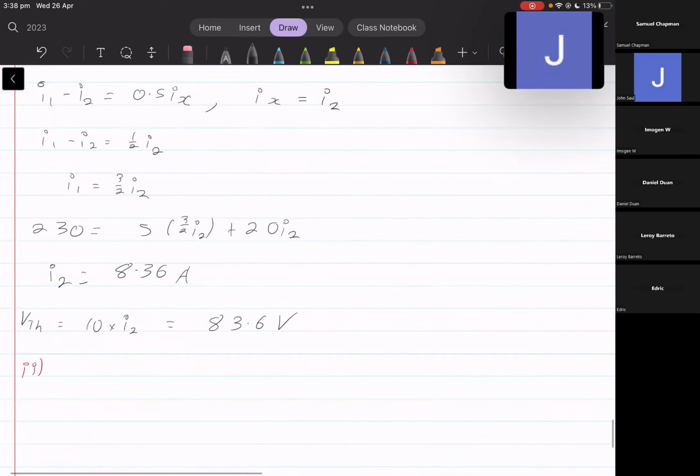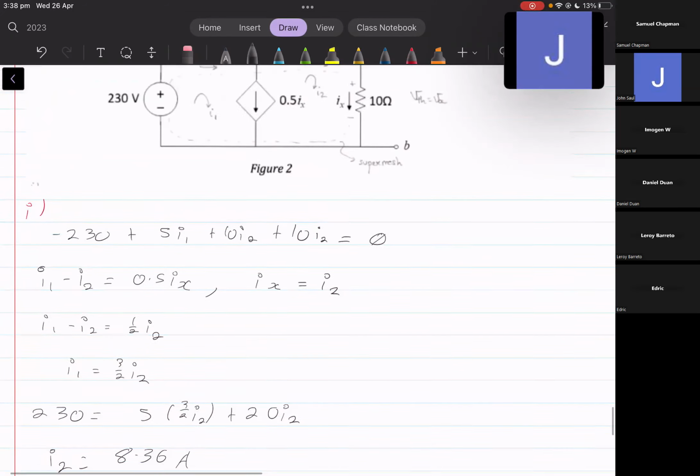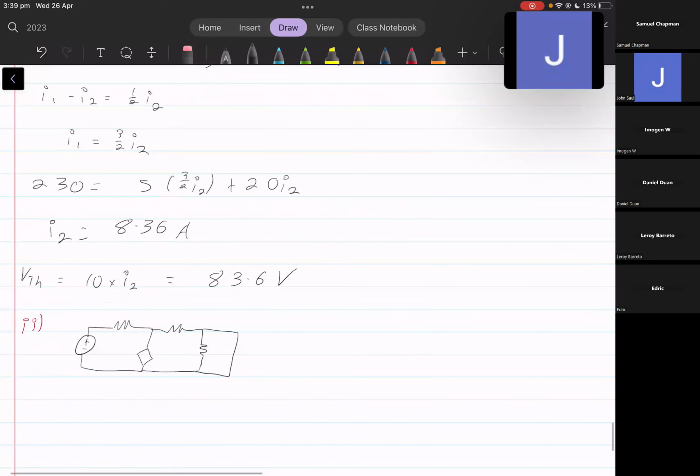So let's simplify this circuit. We want to know this current.